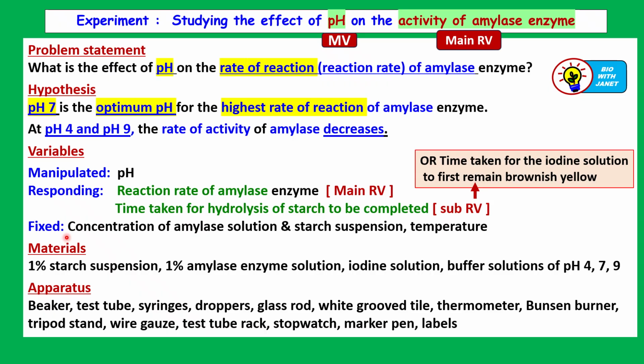Now, fixed variables or constant variables, there are many. One good one is the concentration of amylase solution, which is 1% here, or the concentration of starch suspension, which is also 1%. Temperature must also be fixed. We can carry out this experiment at room temperature, somewhere between 20 to 30 degrees Celsius, without using a water bath.